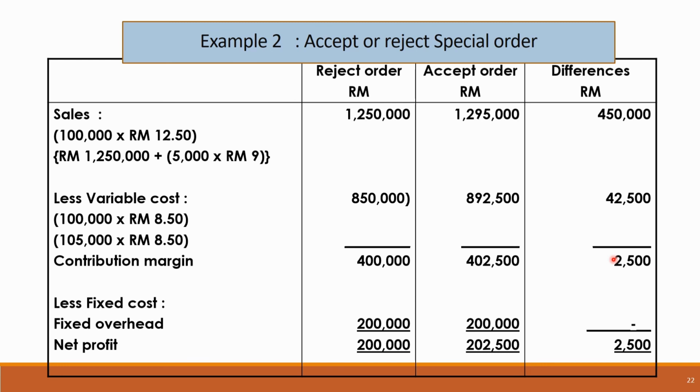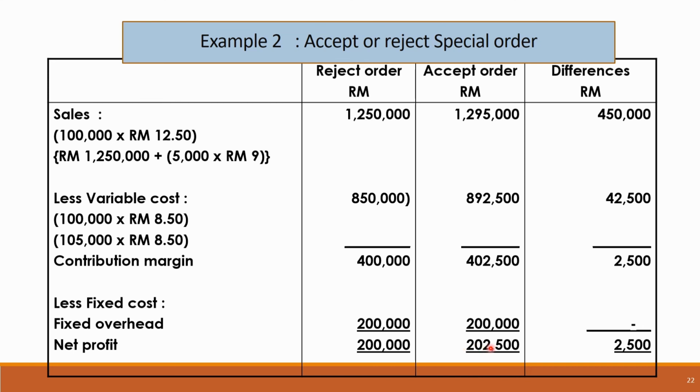And for fixed overhead, we still have to calculate fixed overhead because we want to calculate net profit. So deduct fixed overhead for reject order 200,000 and also for accept order 200,000. And the net profit for reject order is 200,000 and for accept order is 202,500.